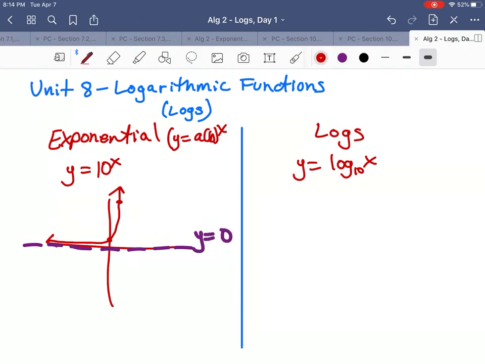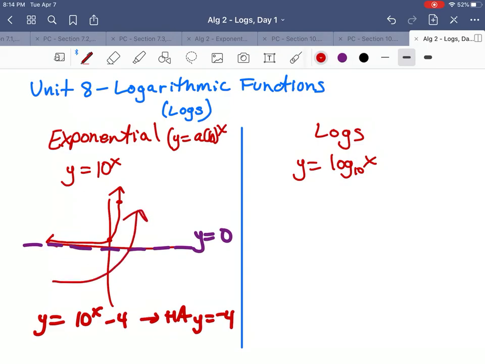Now, if that horizontal asymptote is going to move, then you'd have to move the graph up or down. If you have y equals 10 to the x minus 4, the new horizontal asymptote would be y equals negative 4, because this whole graph would move down 4 spaces.